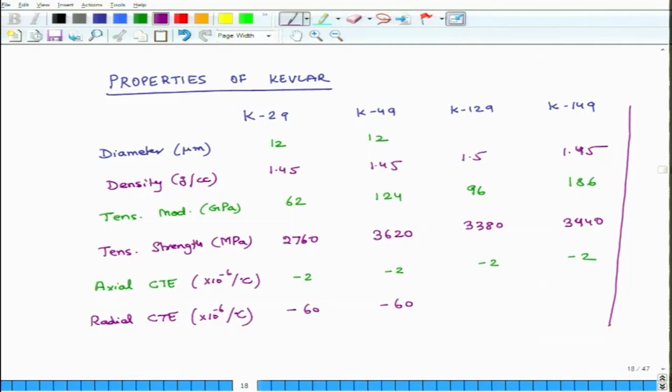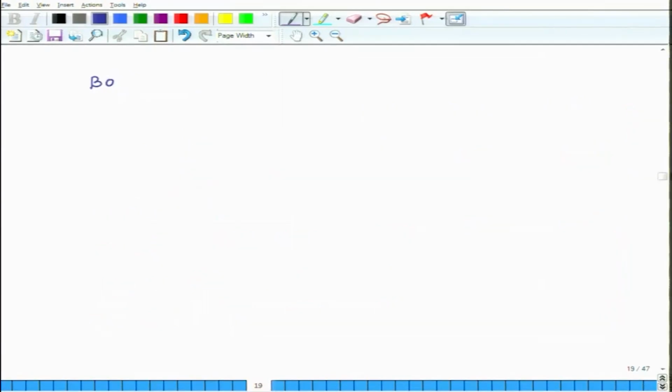The next thing we are going to discuss are boron fibers. So, what is boron? It is a type of metal. What are the different types of fibers we have considered?